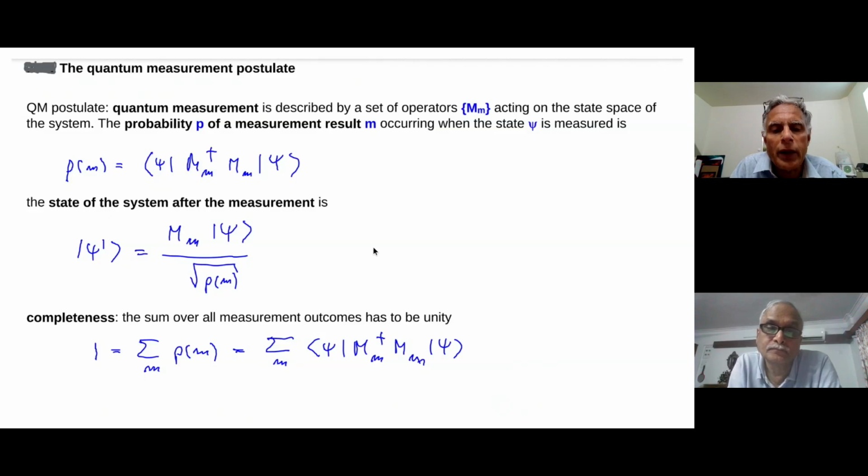That means the outcome cannot be obtained by measuring one partial thing and then saying this is the ket 0, ket 1 basis. You have to have at least the ket 0 measurement and the ket 1. So basically you have to have completeness, you must have all probabilities computed and normalized.